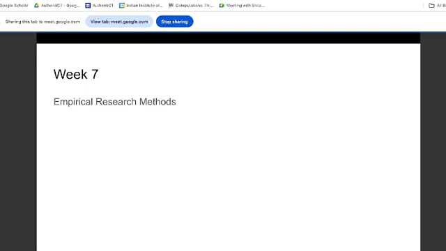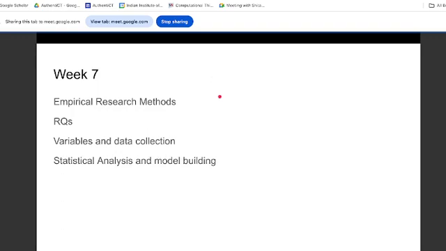These methods are useful if you want to test the application with actual users. We learned how to formulate research questions, what different kinds of variables there are, how to do data collection for our research, and what type of statistical analysis and model building we can do with the data that we have collected.